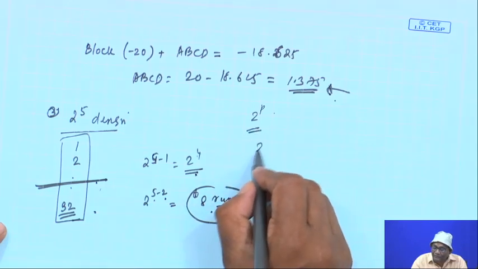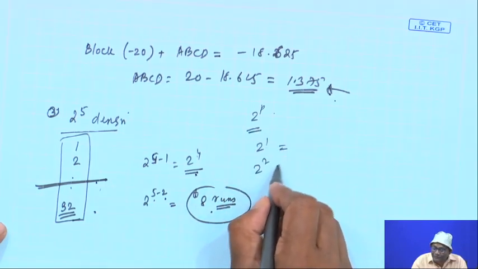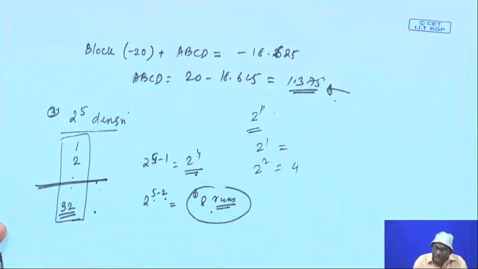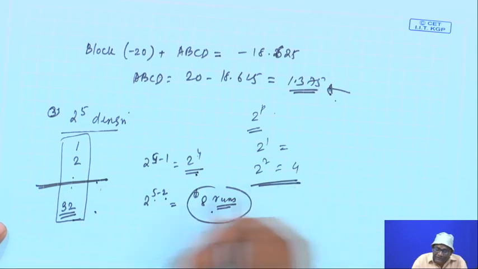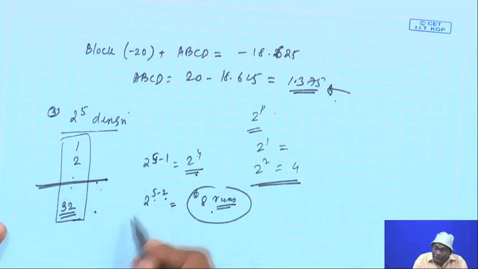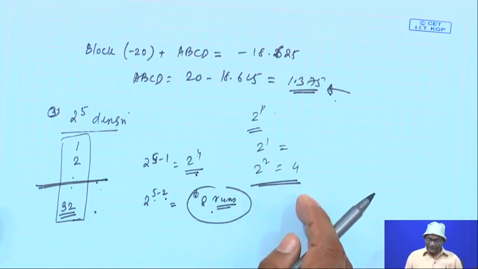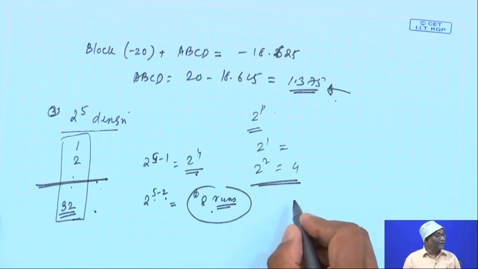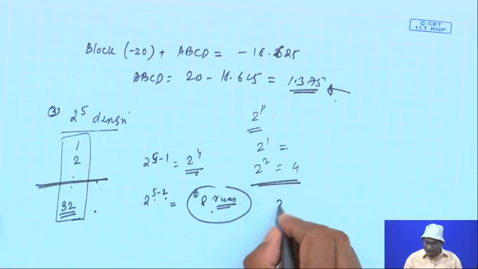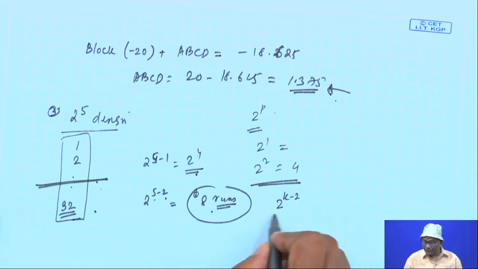So, you have to go to the 4 blocks case. 4 blocks means each block will accommodate 8 runs, which is why we are saying 2 to the power k minus 2.